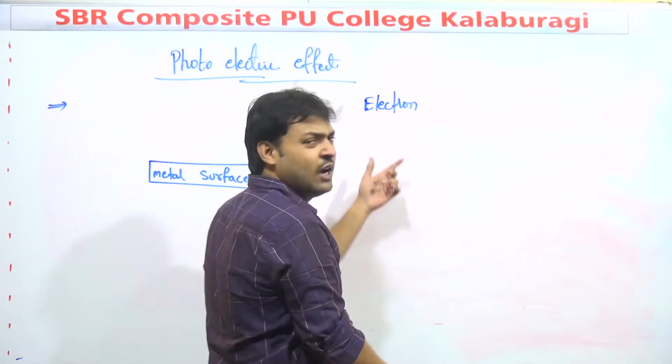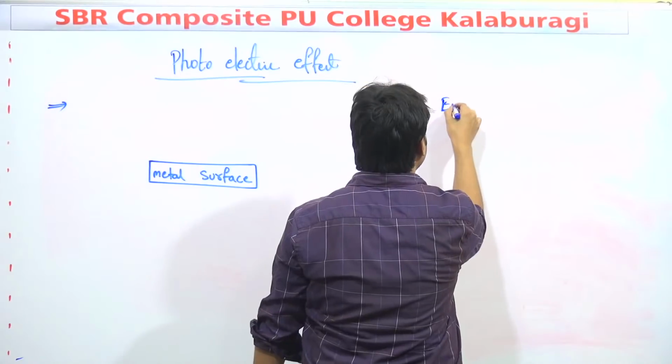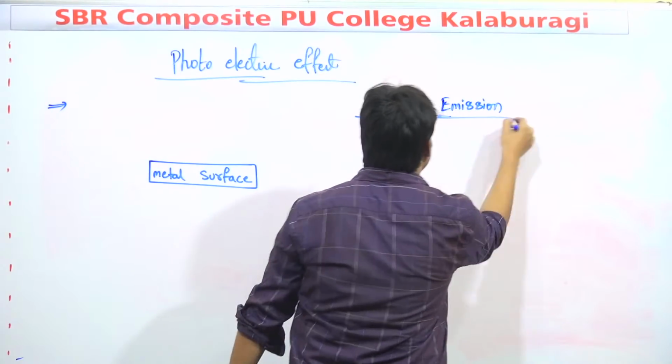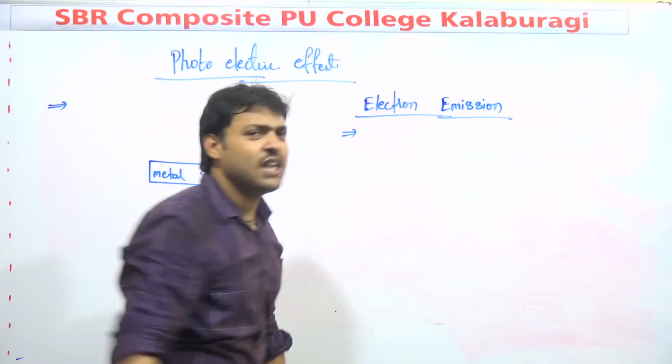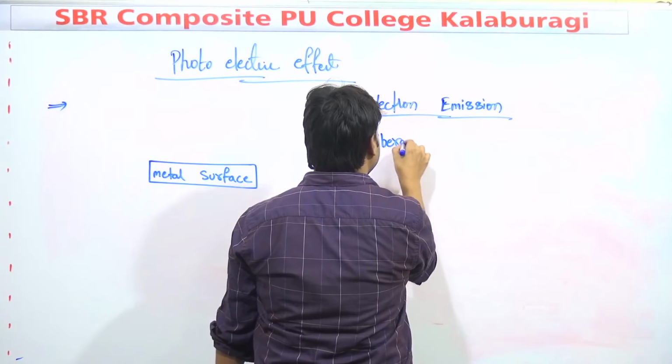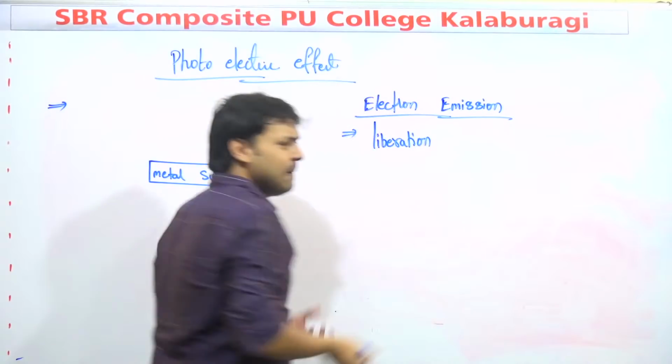First, what you have to understand is about electron emission. So what do you mean by electron emission? It is nothing but liberation. Liberation in the sense of bringing out.